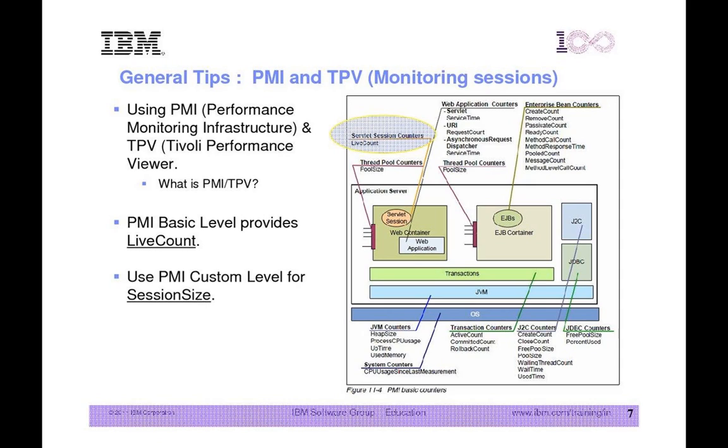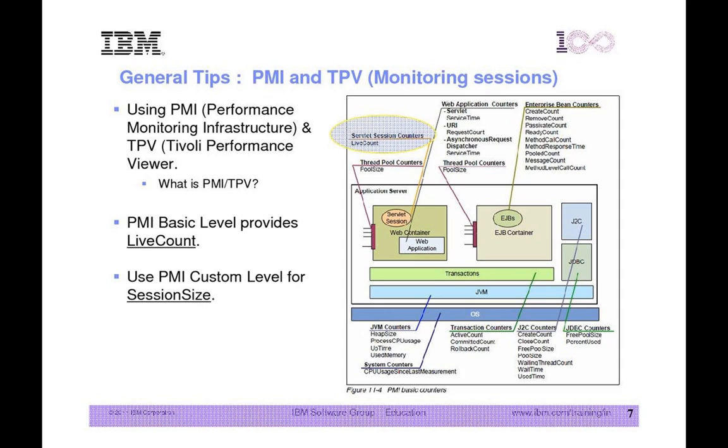So PMI, which collects the data from each component, you will be able to see on the right side of the page some examples of PMI data. If you are talking about the servlet container, the web application, it will give you what servlets are registered with that web application, how many hits have occurred to each servlet, and what was the response time for each servlet.